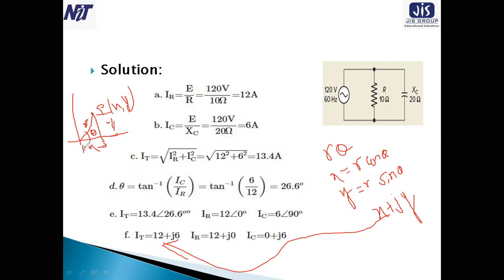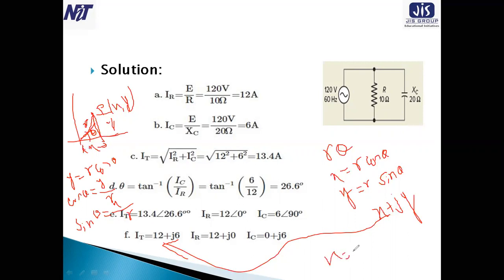As per the trigonometric formula, you know that cos theta equals y by r, and sin theta equals x by r. So using this concept, we can convert polar to rectangular form, and rectangular to polar form. You all know this.